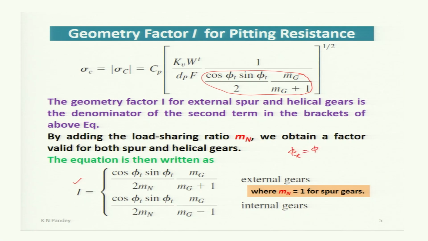When we study helical gear, it will be separately called the transverse pressure angle. Then this I is cos phi t sin phi t divided by 2 mn, where mn for spur gear is 1, multiplied by mg divided by mg plus 1 for the external gear and minus 1 for the internal gears.